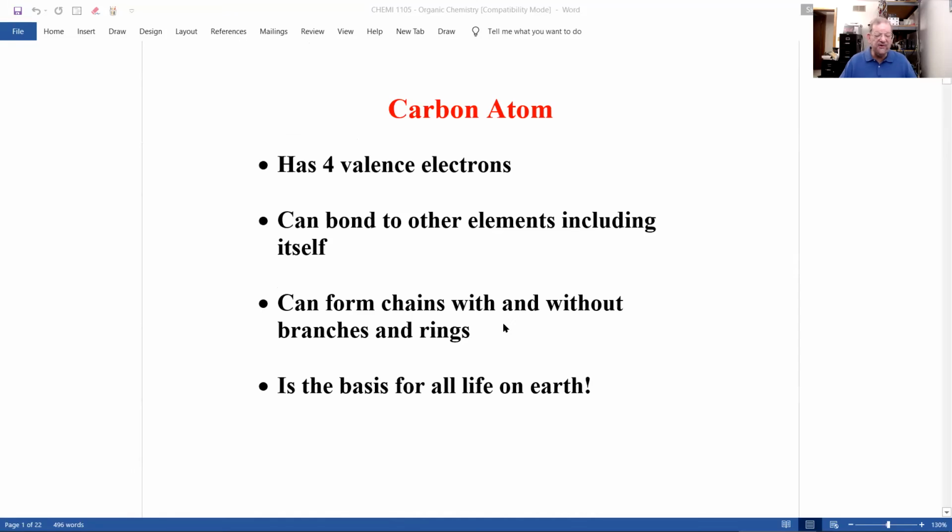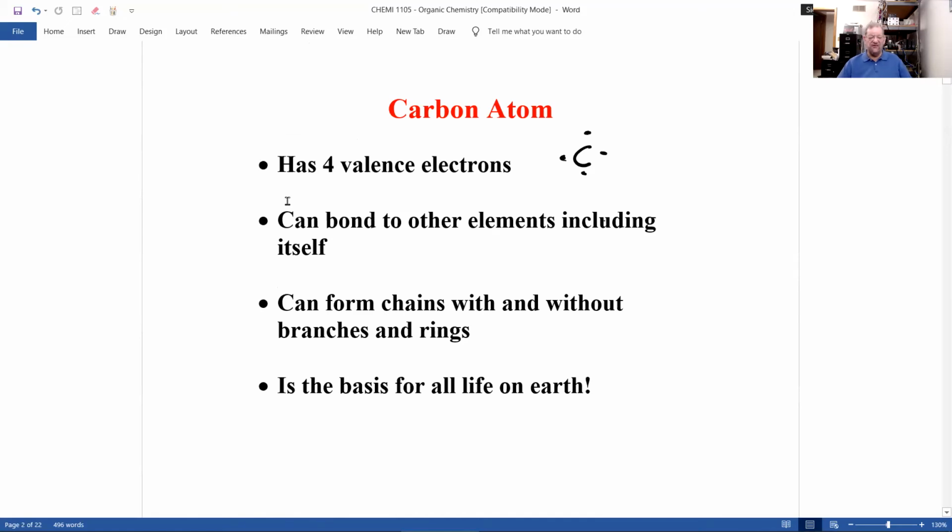Now, there's something special about a carbon atom. A carbon atom has 4 valence electrons. And you learned that earlier. Remember, valence electrons are the outermost electrons of an element.